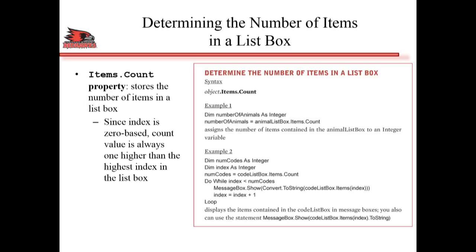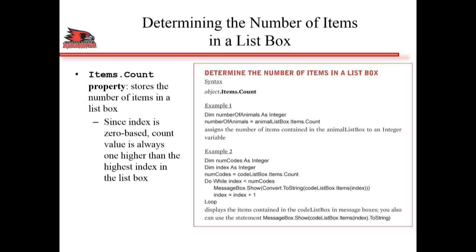Once you have defined num codes and index, you can assign the number of items in the code list box to num codes using that third line of code in example 2, code listbox.items.count. So num codes now has the number of items in the code list box, and now you can do a while loop and loop through a message box which shows you each item by its index.